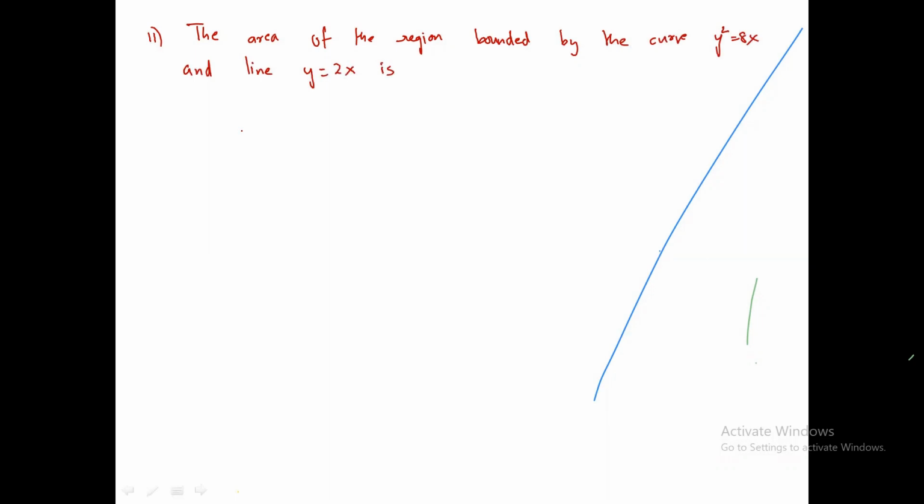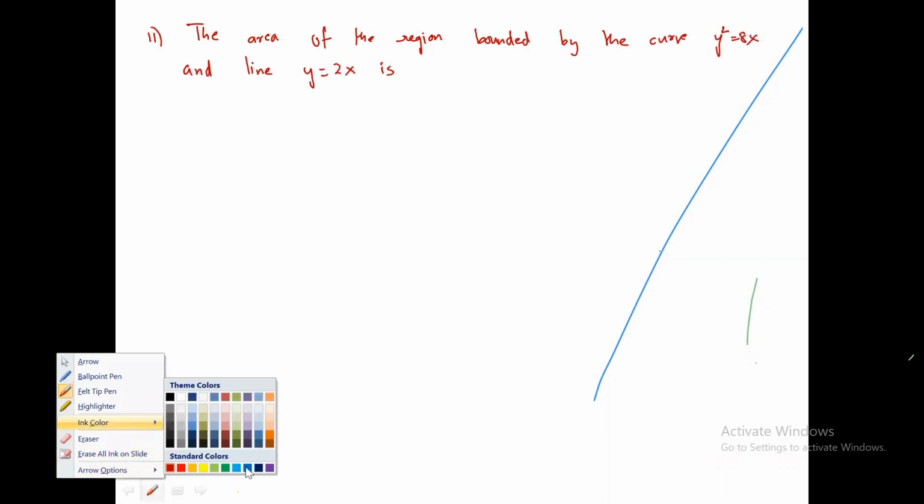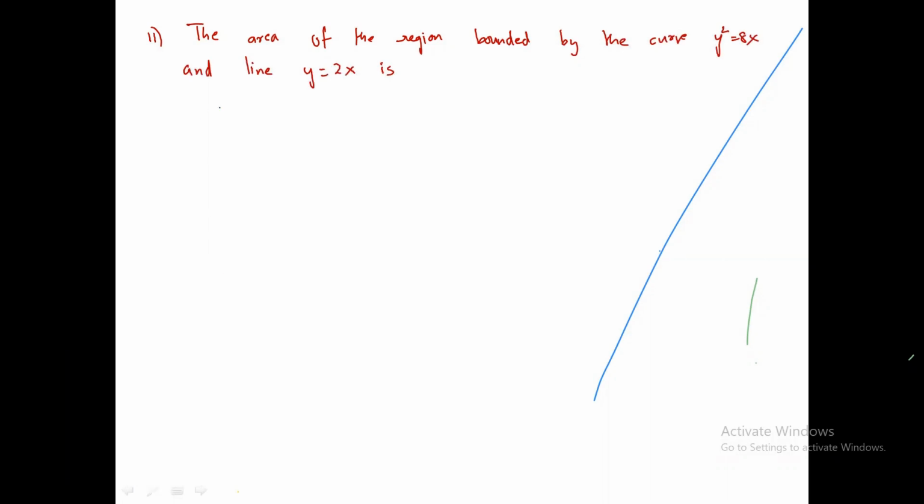Always you will get a proper idea if you draw the graph. They did not give you the graph. You have to draw it. And drawing the graph is not at all difficult here.